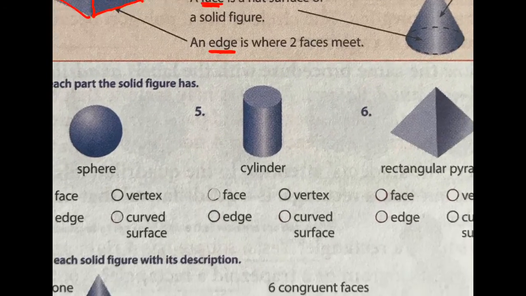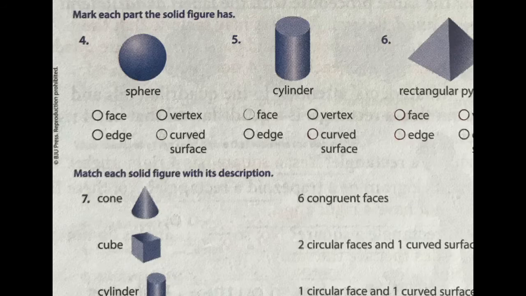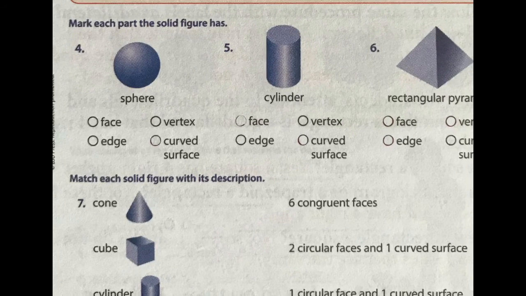All right. So now, let's take a look at these shapes, numbers 4, 5, and 6. Look at the sphere. It's round. It's just round. It has a curved surface all over the whole thing. Let's mark if this figure has any of these features.